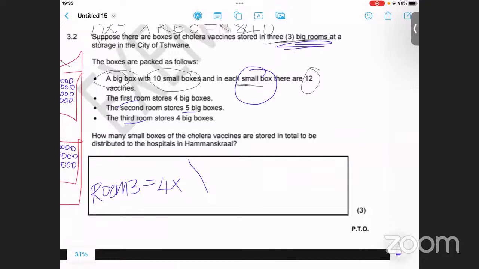Plus 10 multiplied by 4, which is also equal to 40. And then 10 multiplied by 5, which is equal to 50. Then 40 plus 40 plus 50 is equal to 130.